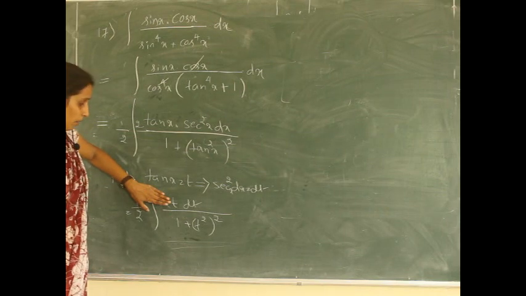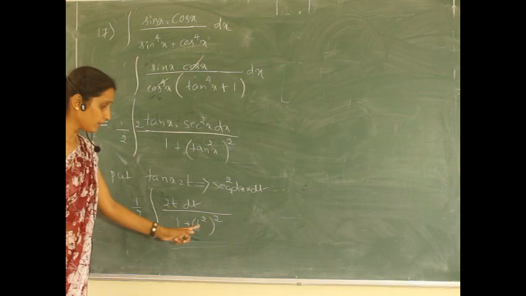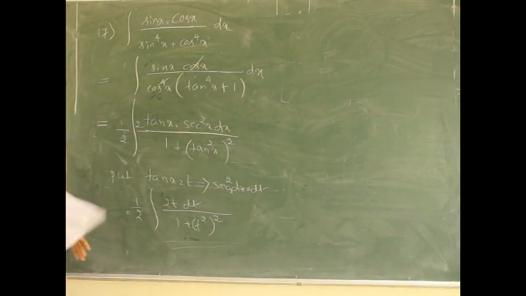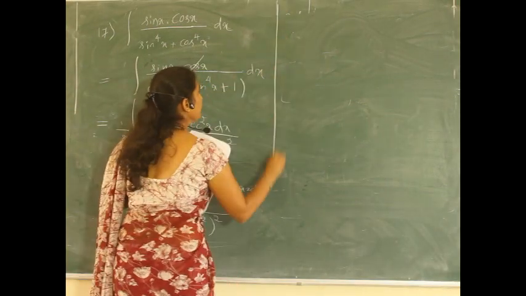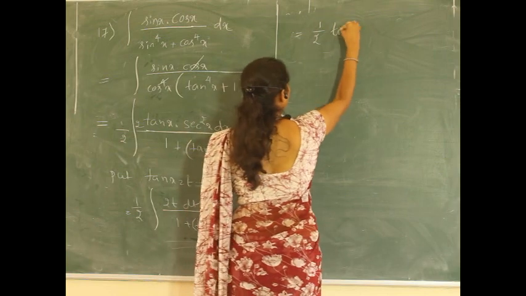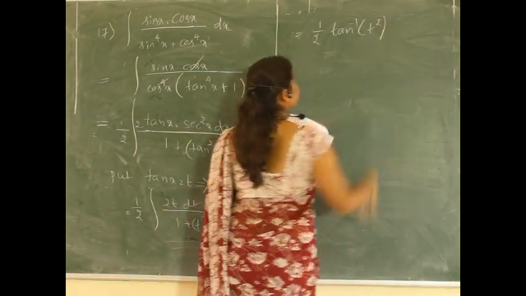So to get the formula now, it is 1 plus t square whole square, but the derivative of t square will be 2t, so that will be in the numerator. That's why I have multiplied and divided by half. So what is the integral value? Half will be constant, so that is tan inverse of t square.